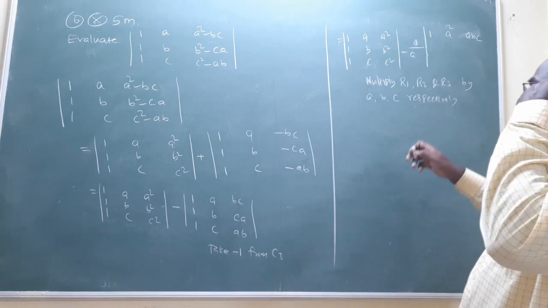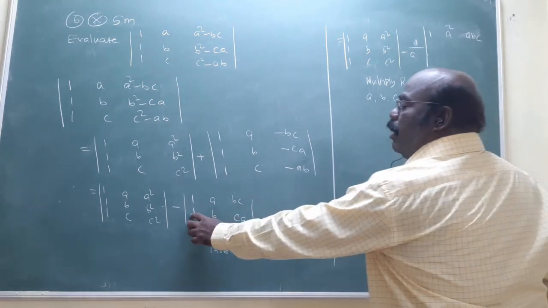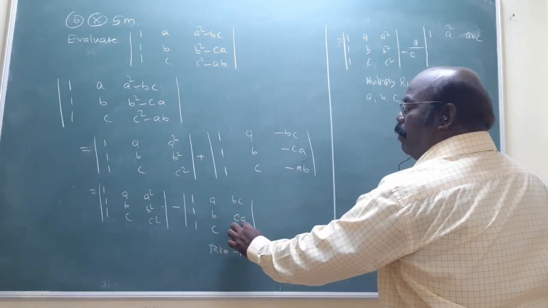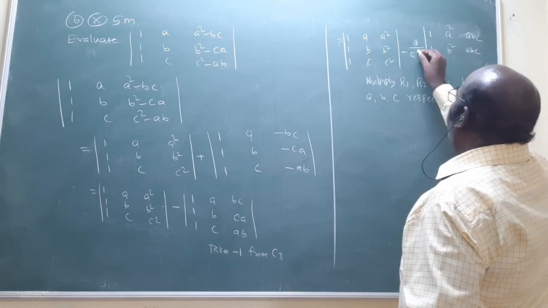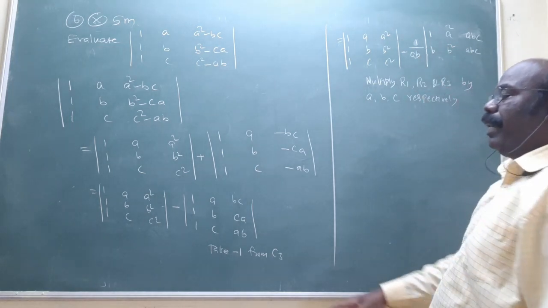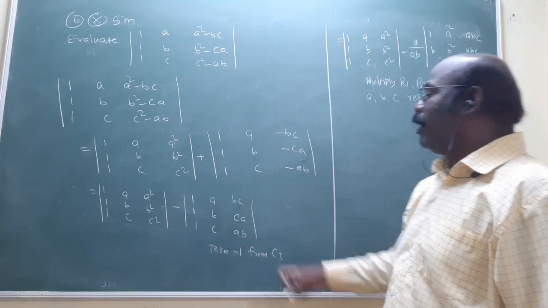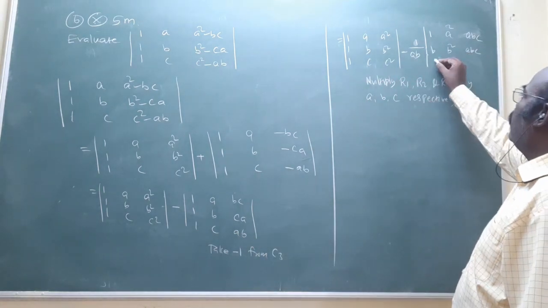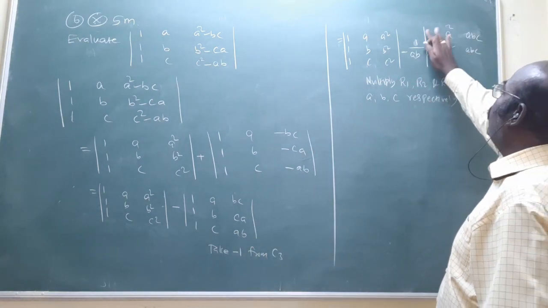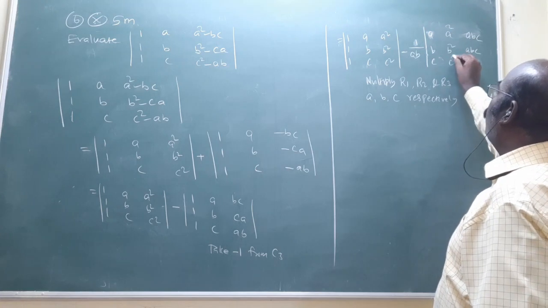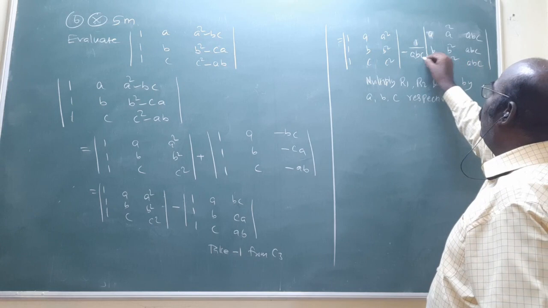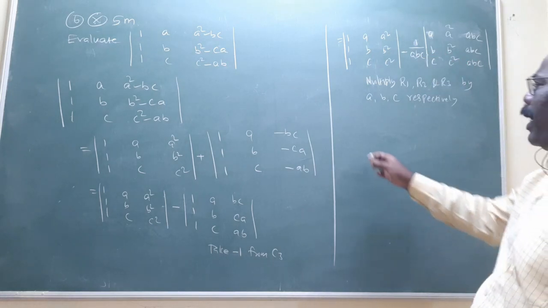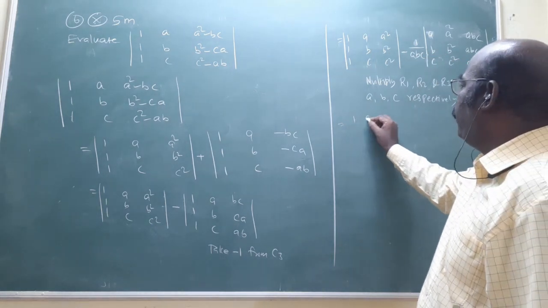In the second row, multiply by b, you know. So b, b square, abc. Here also divide by b. Again, the third row is multiplied by c. So c, c square, abc. Divide by c. Am I correct? Now once again, the first one is the same thing.